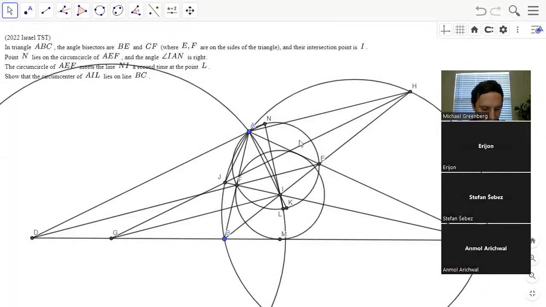I don't think I'm going to type the whole thing. Okay. So angle GAK is equal to angle GAI, which is angle GIA. That's the angle between GI and AI.